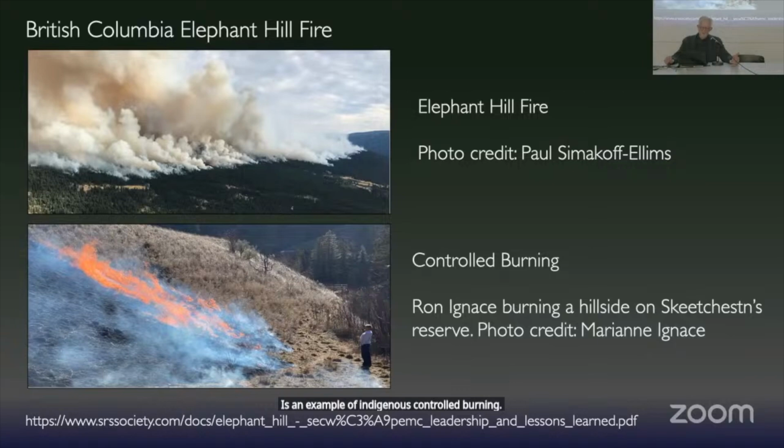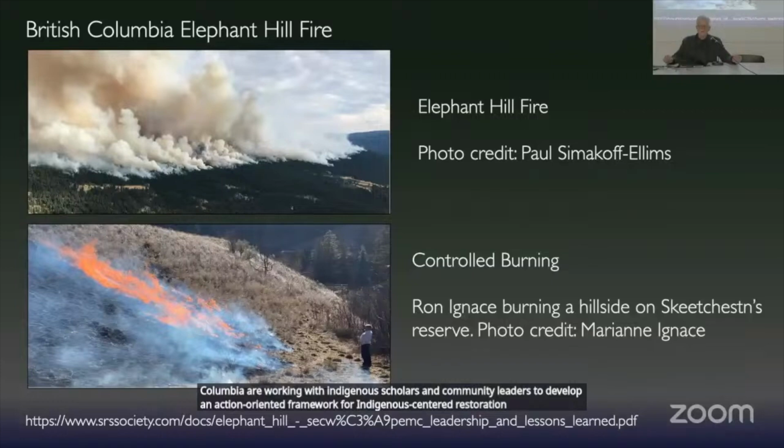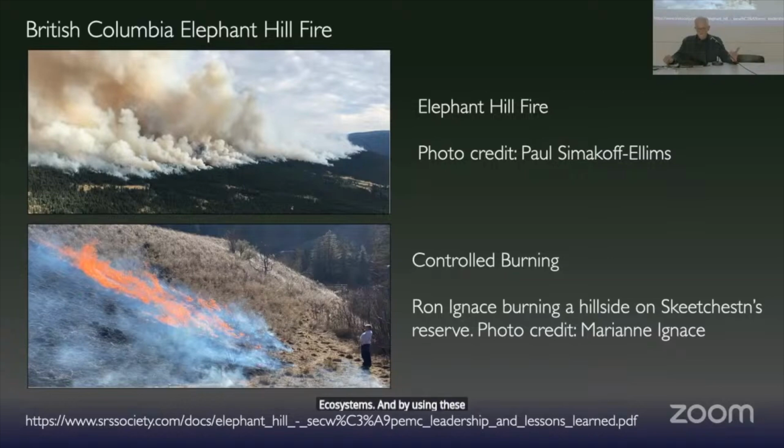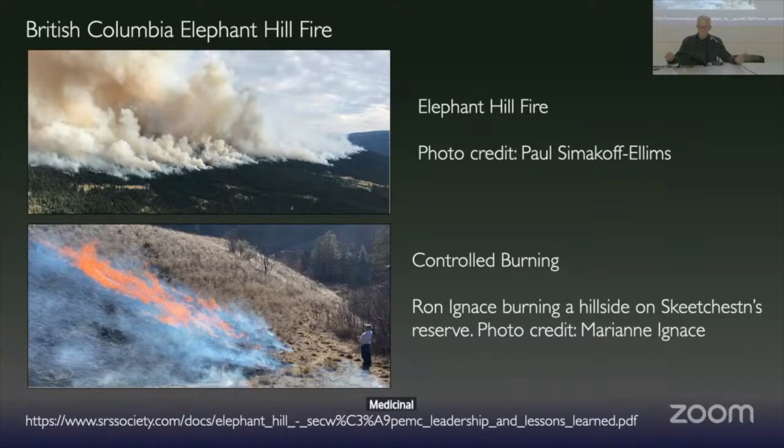Researchers at the Department of Forest and Conservation Services at the University of British Columbia are working with Indigenous scholars and community leaders to develop an action-oriented framework for Indigenous-centered restoration and management of fire-adapted ecosystems. By using these traditional practices of controlled burnings as reference systems, they seek to restore an ancestral practice that not only reduces the risk of these megafires, as you see on the top, but stimulates the growth of endemic medicinal plants and food sources.